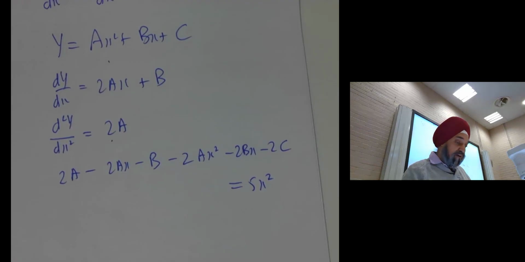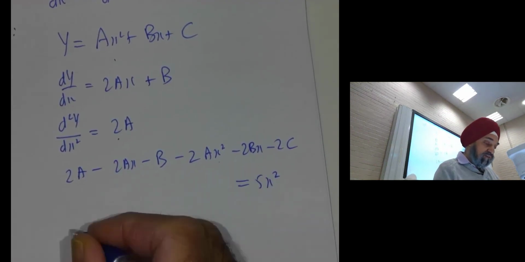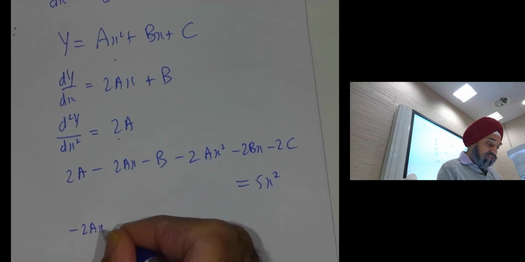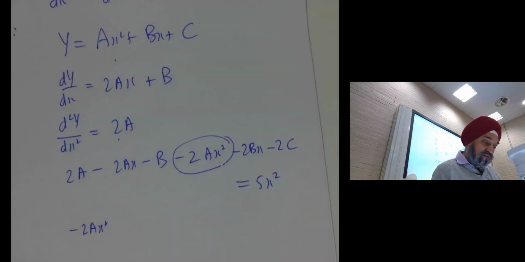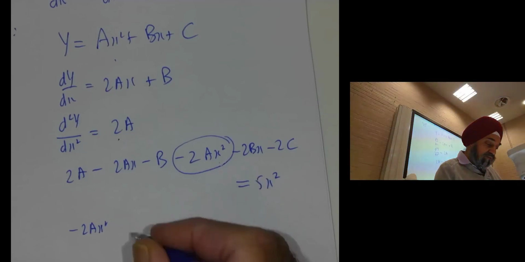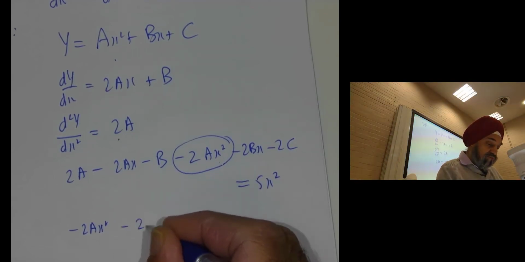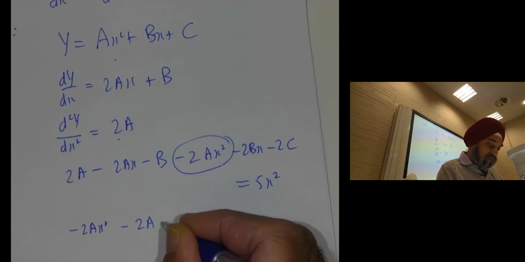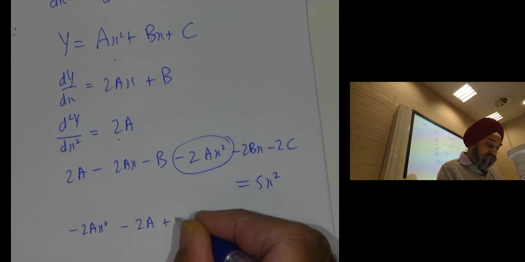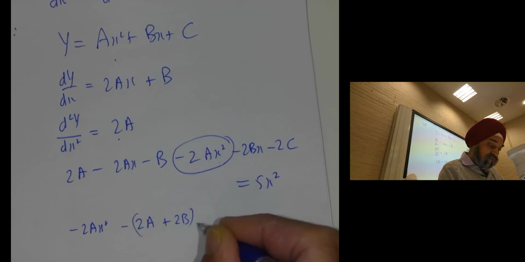Yeah, can we simplify anything? Let's look at the x's together, yeah? X squared, we have minus 2ax squared, haven't we? Yeah, that one there. Okay, what are the b's? We can have minus 2a plus 2b x, haven't we?